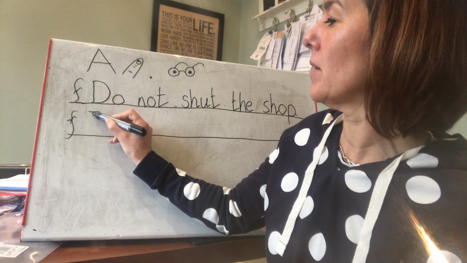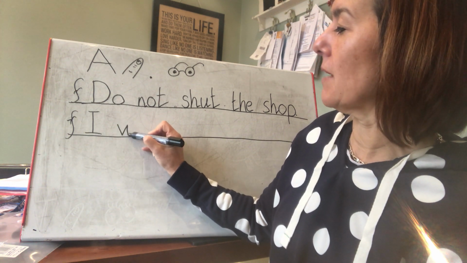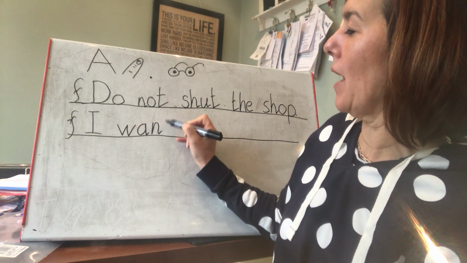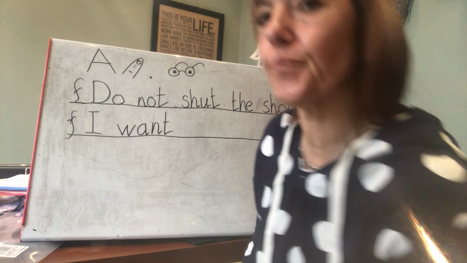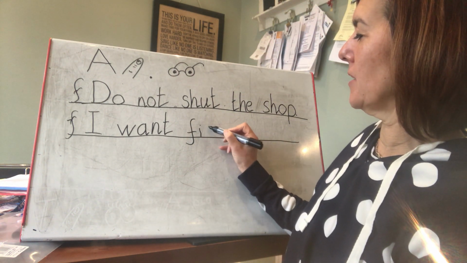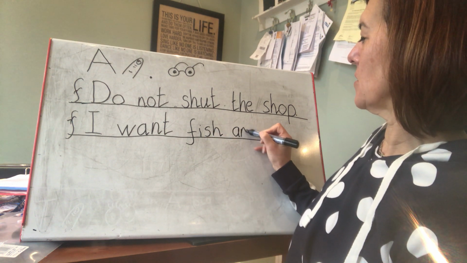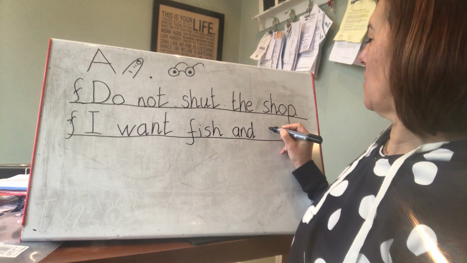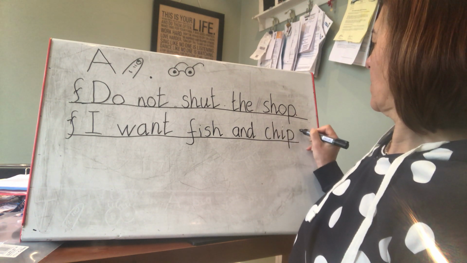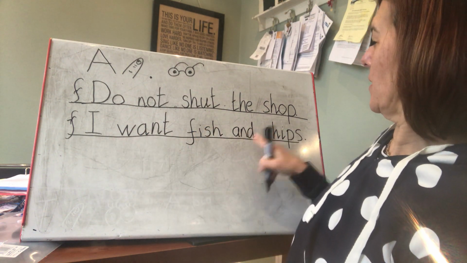I want. Now, lots of children would sound out oh, but it's a tricky word and we know it's wa. I want. Fish. The sh sound is at the end. Fish and chips. I want fish and chips.